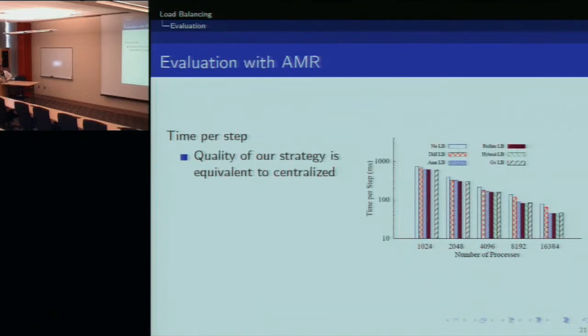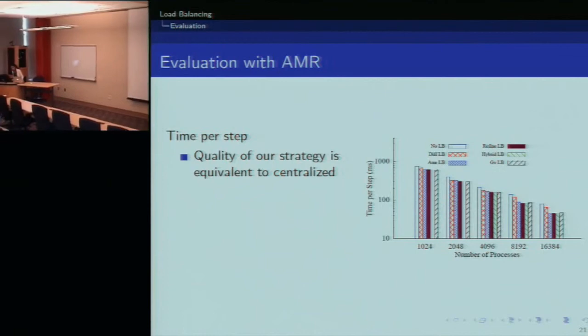Now we go on to the evaluation of AMR. AMR requires very frequent load balancing steps. So we look at the quality of the load balancing strategies based on the time per step. Again, the quality is equivalent to the centralized strategies that we have used, which are AMR LB and refine LB.